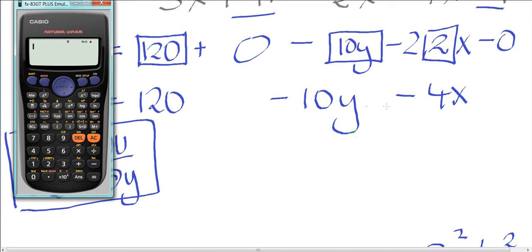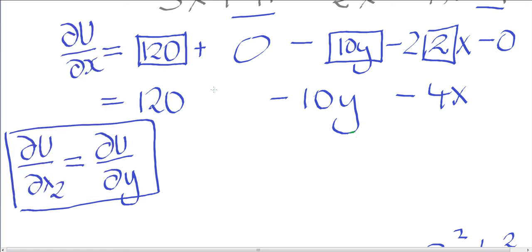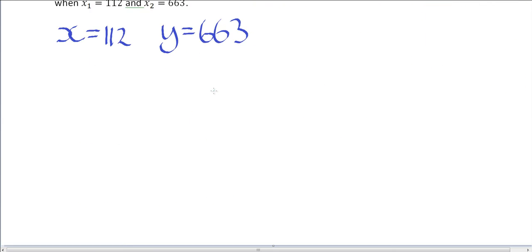Now we can write this expression in here in the calculator, 120 minus 10, now to get into that x button, I need to press the alpha button. Whoops, that should be y. Minus 4 times x. And I get minus 6958. So that's the value of the marginal utility del u del x1, or del u del x, what I called it. So I'll write that down now.